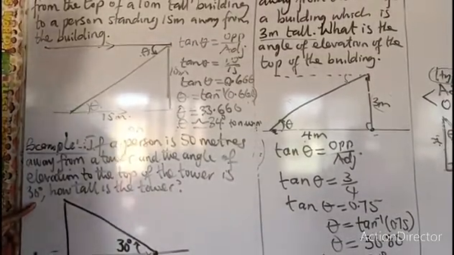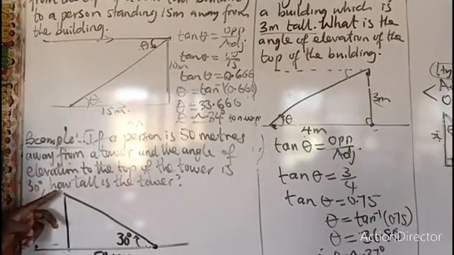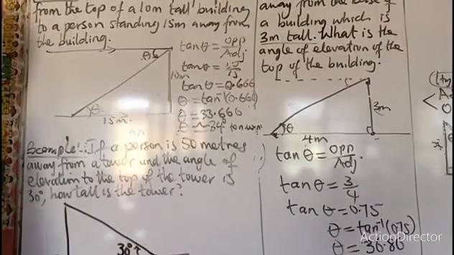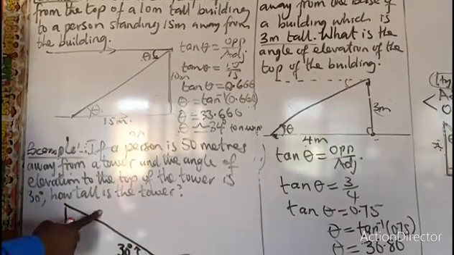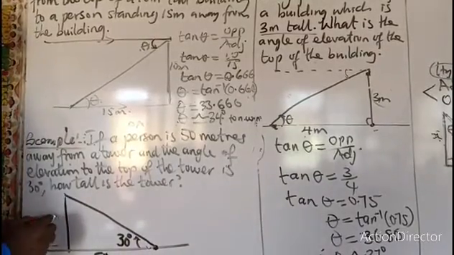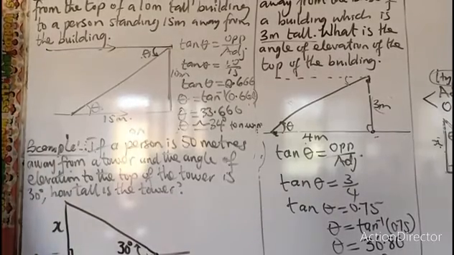How tall is the tower? What are they asking us for? Is it here? No. Here? Yes. This is the height of the tower. So you can use your letter.